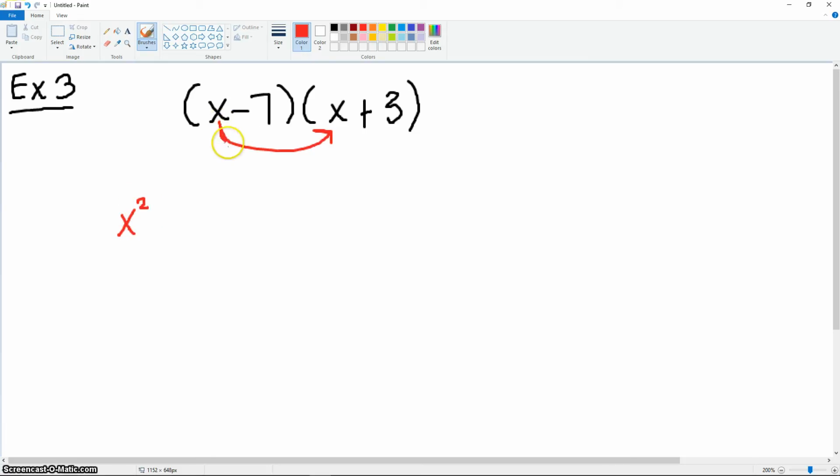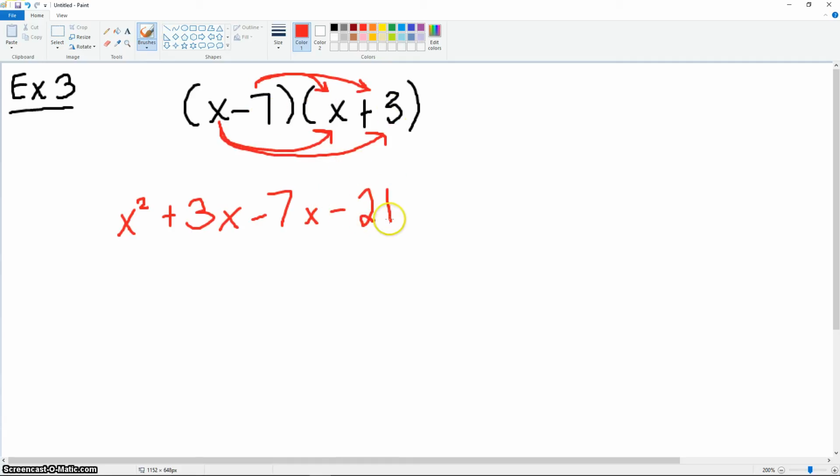Then I'm going to say times the outer. So x times a positive 3 is going to be a positive 3x. Then the inner. So negative 7 times x is going to be a negative 7x. And then the last. A negative 7 times a positive 3 is a negative 21.